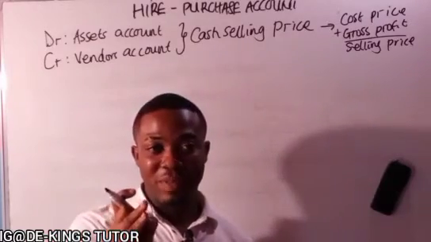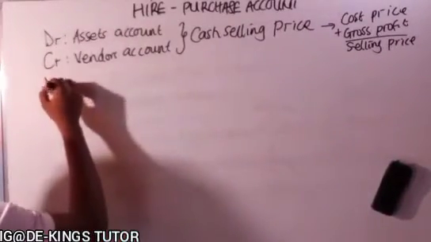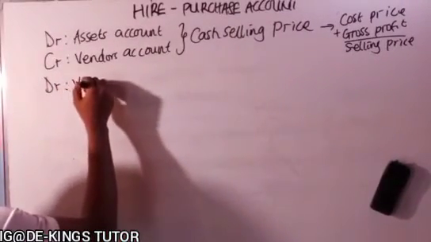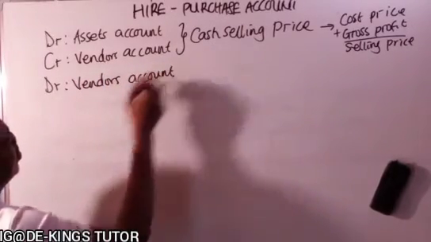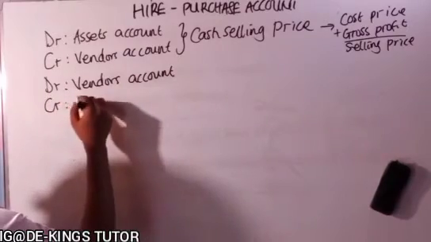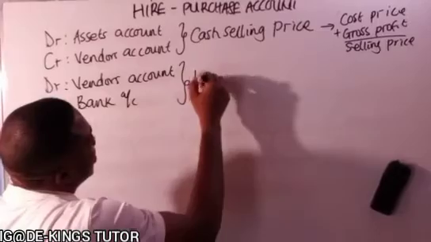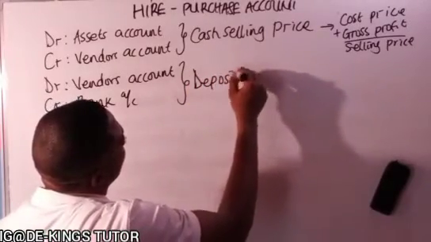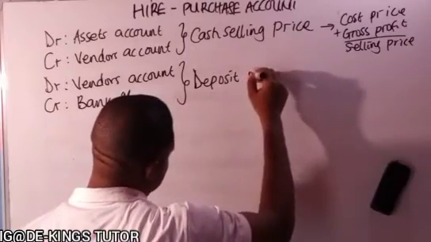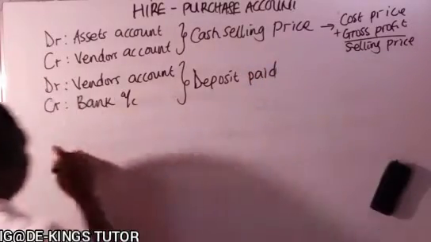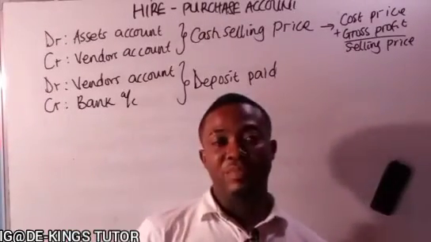Once that deposit is made, we debit the hire purchase vendor's account, and we credit bank because it is going out from bank, and this is for the deposit paid.